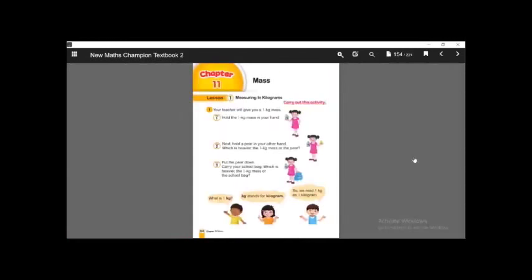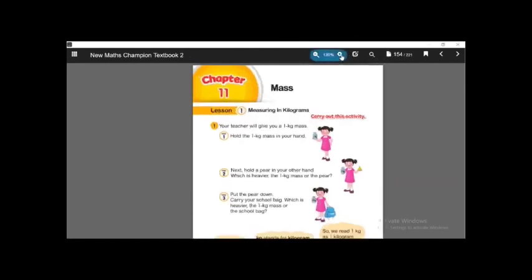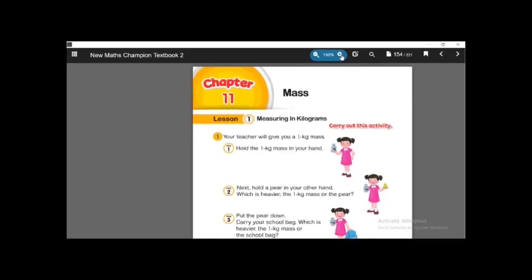Let's click. This is mass in chapter 11, and the page that we show you is Carry Out This Activity. It is one of the features in New Math Champion digital interactive books. And the first lesson is about measuring in kilograms.